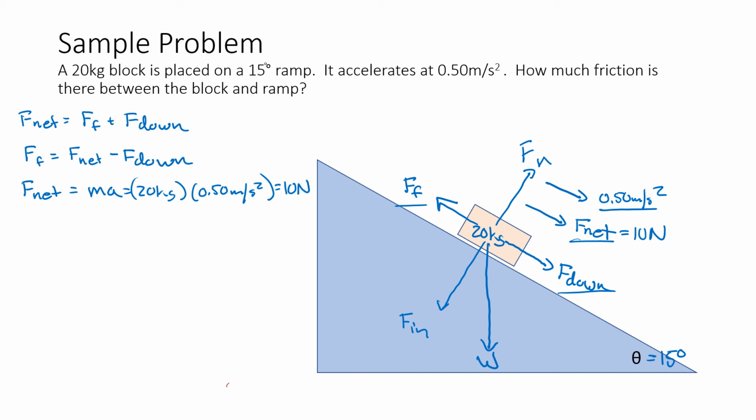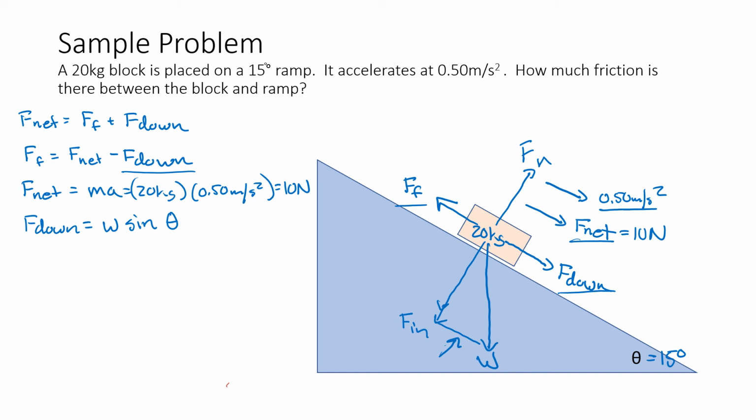So what is F_down? Let's find it out. F_down, again, based on what we've done previously, remember that's the opposite side of our triangle down here, this one right here. So F_down is going to be that hypotenuse, which is the weight, times the sine of theta.